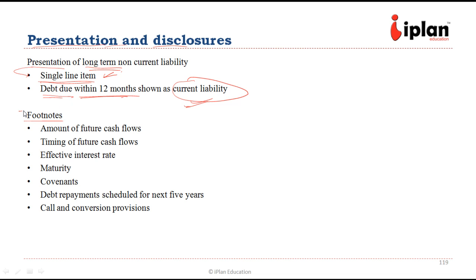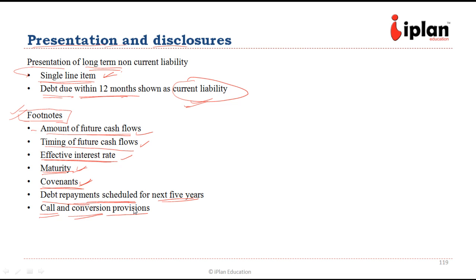The disclosures to be made in footnotes are the amount and timing of the future cash flows from these bonds, the effective interest rate, the maturity of the bond, the covenants associated with the bonds, and the debt repayment schedule for the next 5 years. And if there are any other provisions on the bond, such as a call option or convertibility, those provisions also need to be disclosed in the footnotes.